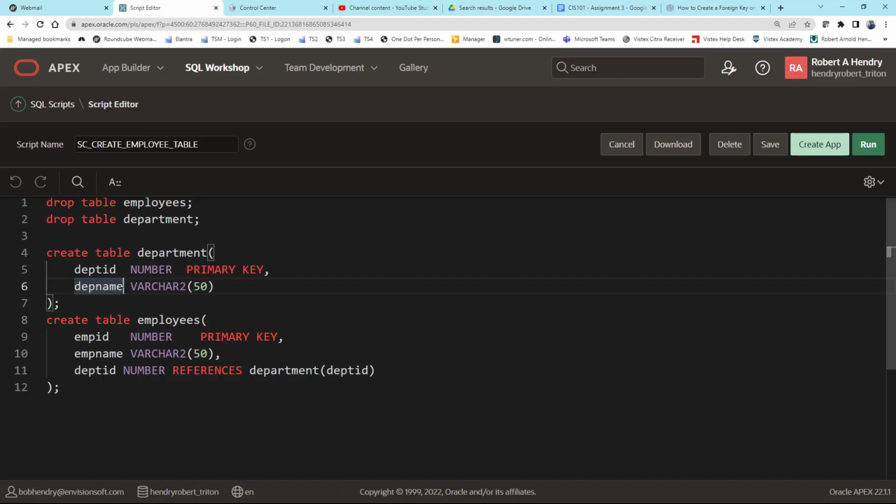Just like a primary key doesn't allow an employee ID or a department ID to be duplicated, a foreign key constraint just means that a department ID here in the employees table must first exist in the department table.